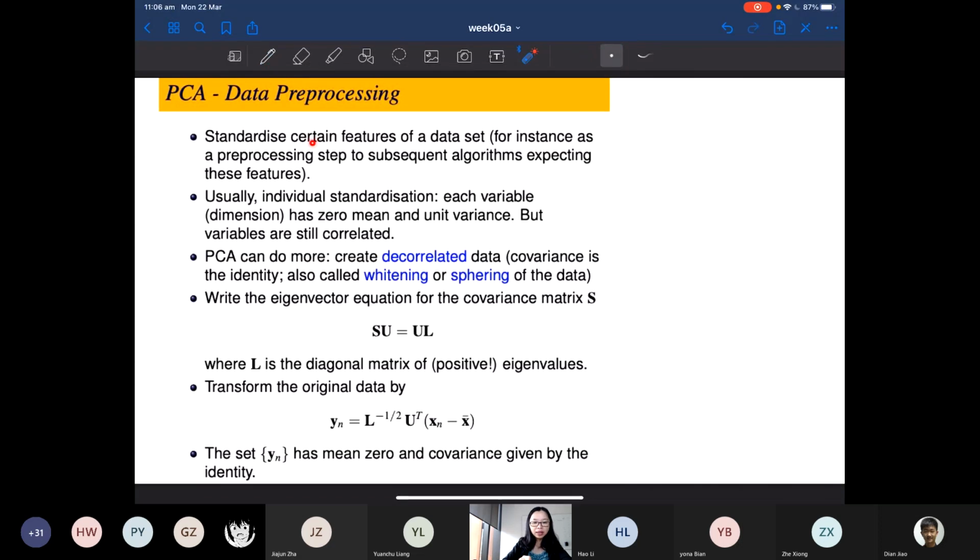One is what's called standardizing a data set. So why do we want to do that? Because a lot of times we care about the spread of the data, but not the mean of the data. Assume we are building a linear classifier or regression of data.